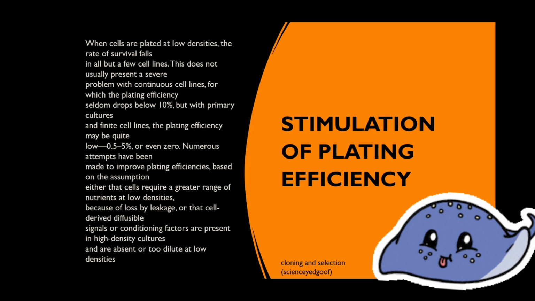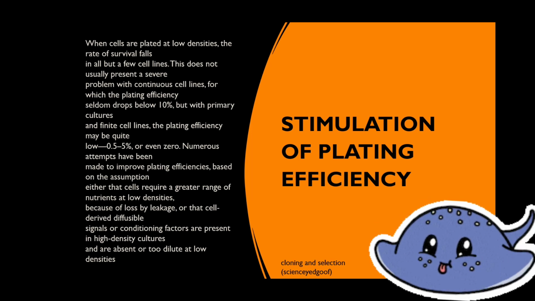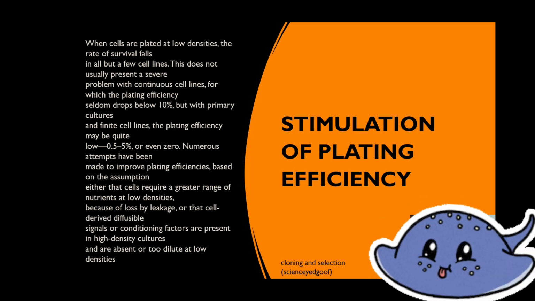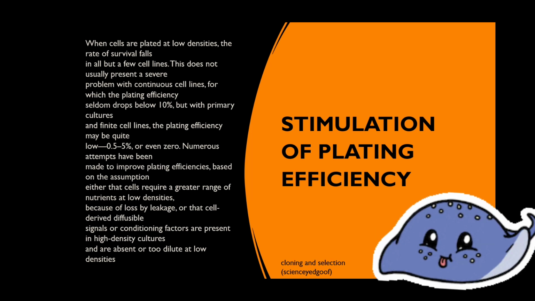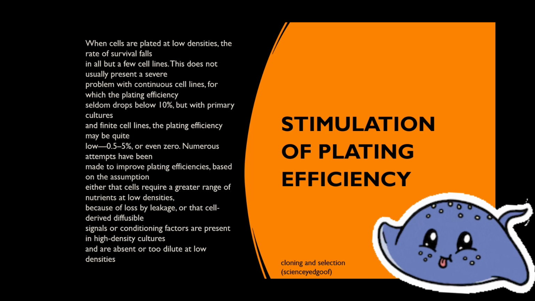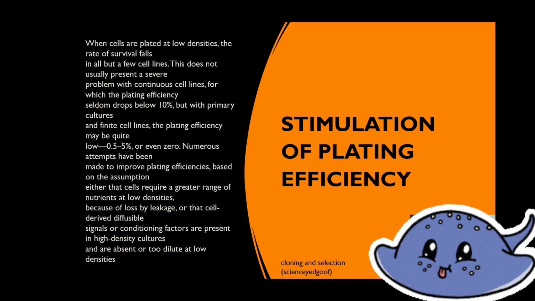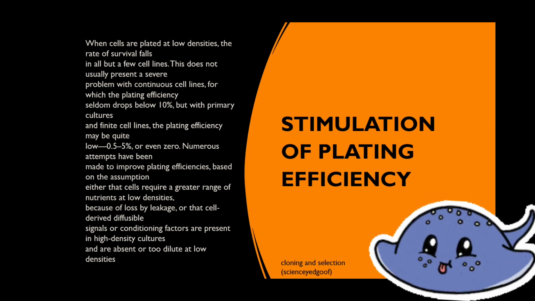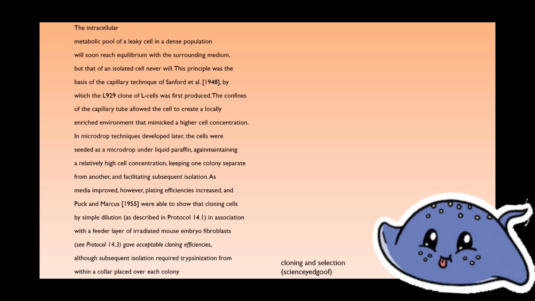There have been many attempts to improve plating efficiencies, even at low density, for example by increasing the nutrition. One of the main problems is that cells undergo leakage through diffusible signals, and if they're diluted, the amount of nutrition is also less.